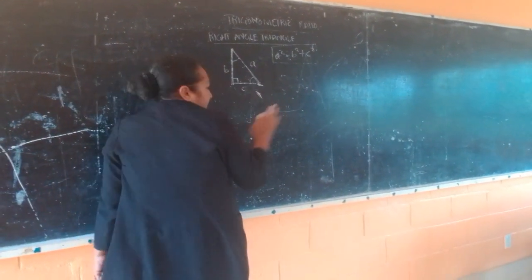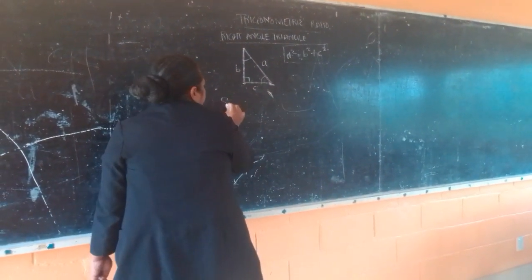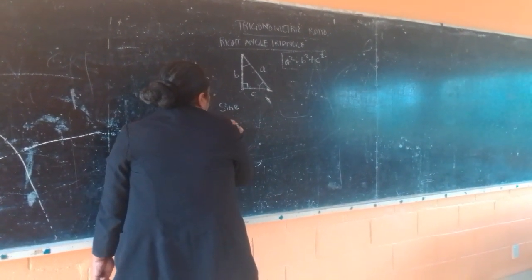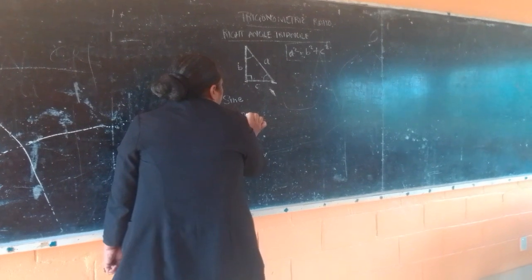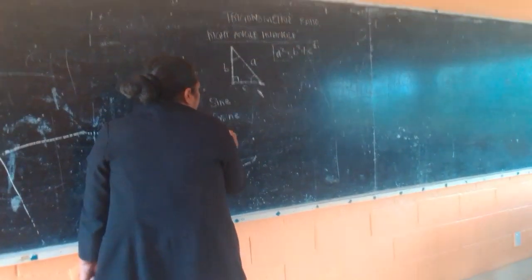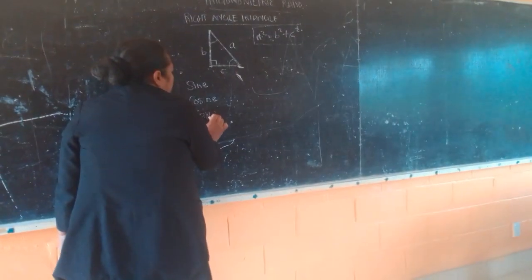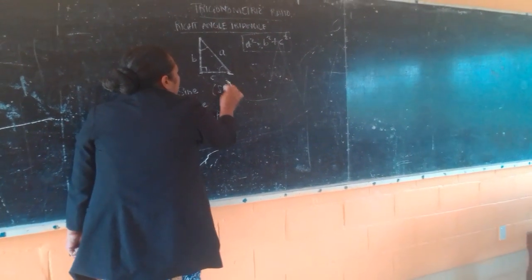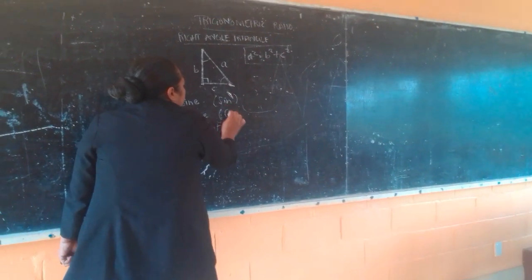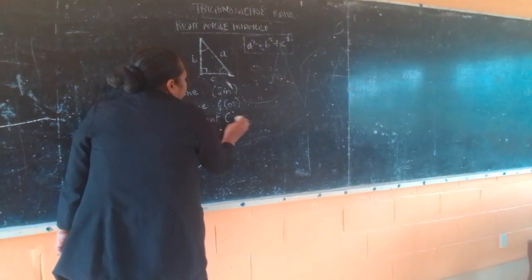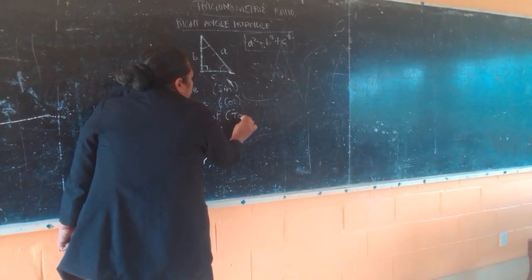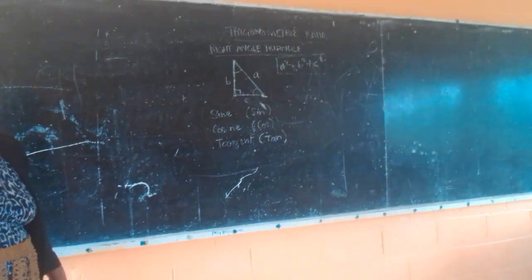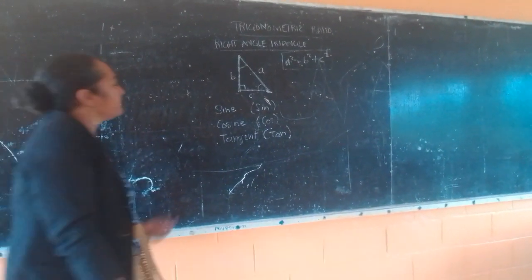So there are three ratios: sine, cosine, and tan. In your calculator, you can see buttons on top of your calculator that have these on them. You find it? Okay.